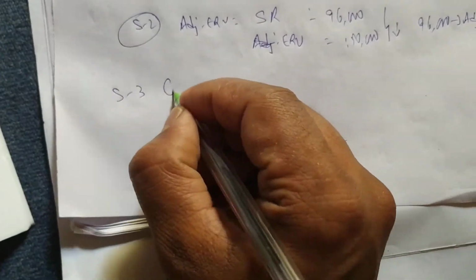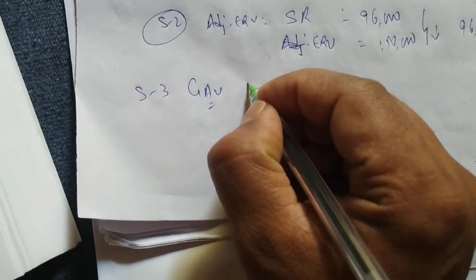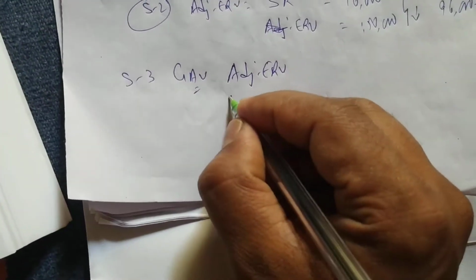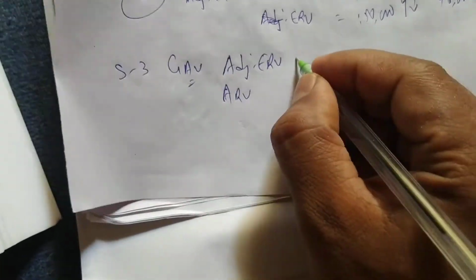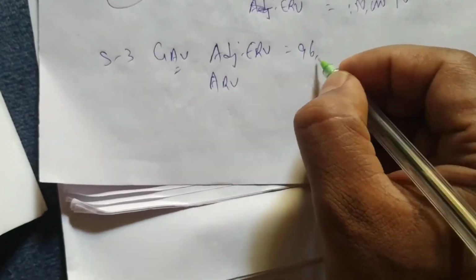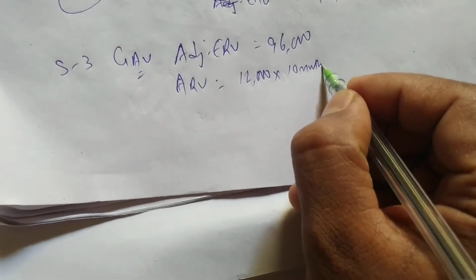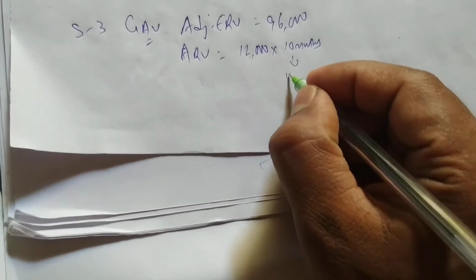Okay. Next, step number 3. We have to find out GAV. We'll write adjusted ERV and ARV. Adjusted ERV is 96,000. And how much is ARV? Concentrate. It is 12,000 per month, so we have to write 12,000 into 10 months only.